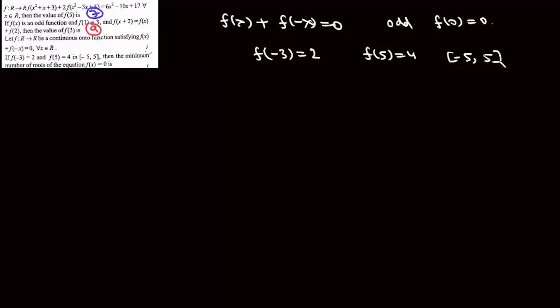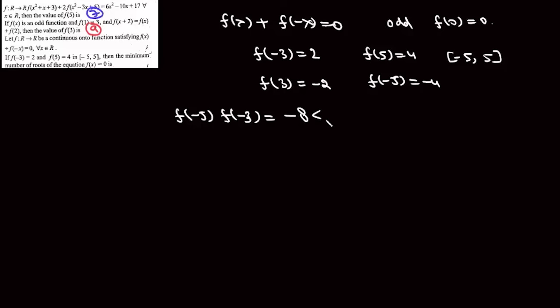Now since we know it is an odd function, we know f(3) will be minus 2 and f(minus 5) will be minus 4, and also f(0) is 0. So f(minus 5) into f(minus 3) will be minus 8, less than 0.